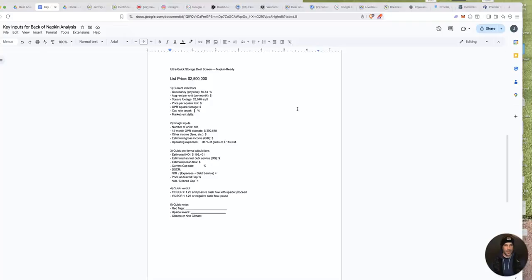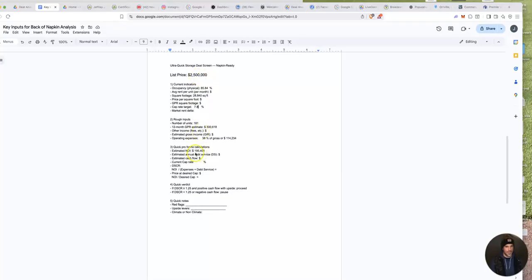Let's see, the current cap rate they're selling this at. Let's do a little math. All right, so the current cap rate they're trying to sell this at would be, let's see, 7.8. So we did the math: they're selling it for 2.5 million, we're making 195,401.